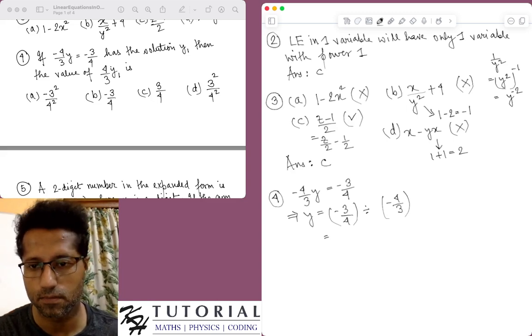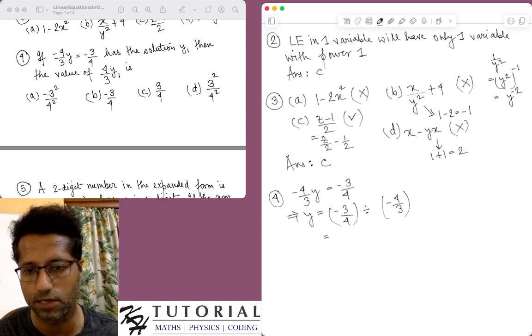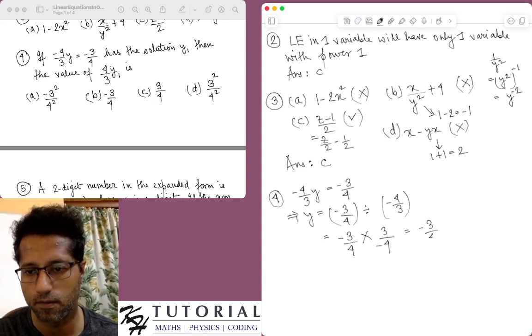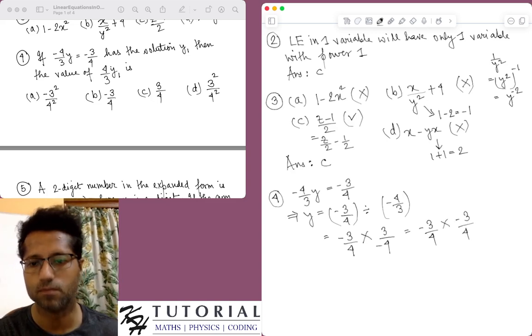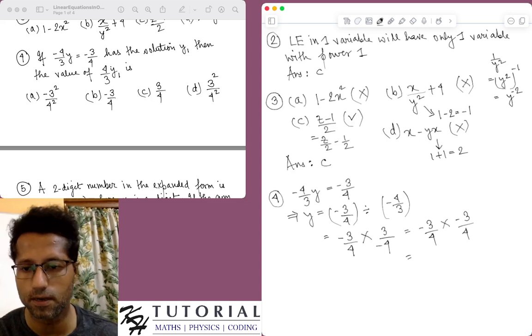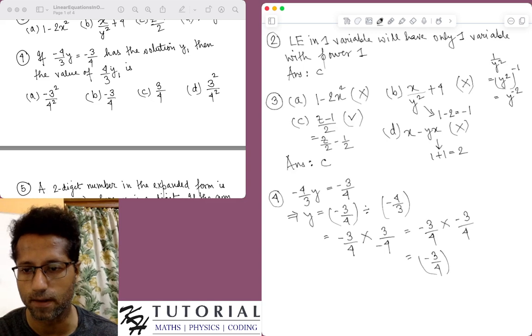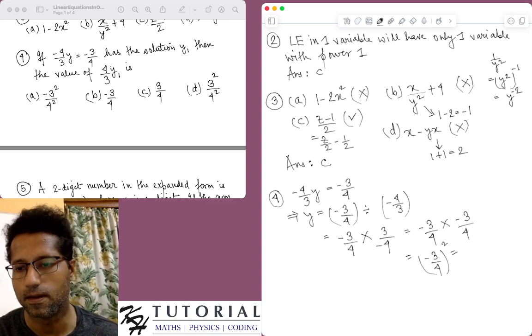and from the concept of division of rational numbers, this is nothing but minus 3 by 4 multiplied by the reciprocal of minus 4 by 3, that is 3 by minus 4. This is nothing but minus 3 by 4 multiplied by minus 3 by 4, which is minus 3 by 4 whole square, and we know this is 9 by 16.